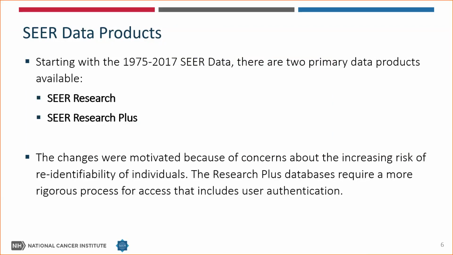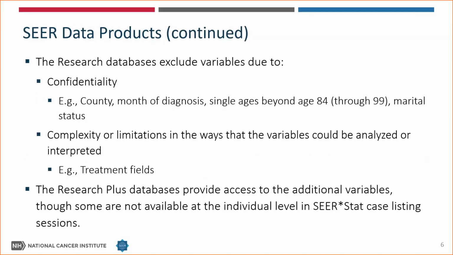The changes were motivated by concerns about increasing risk of identifiability of individuals. The Research Plus data requires a little more rigorous process for access. That includes user authentication, not just a valid email address but a little more information. You have to make a few more acknowledgements to get access to that.